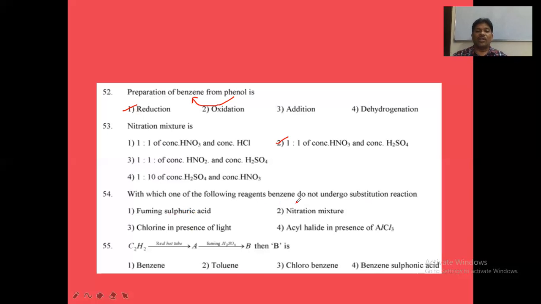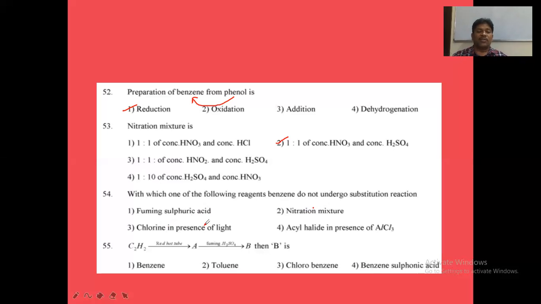They are asking in which case substitution does not take place. So fuming sulfuric acid undergoes substitution, SO3H+ will be substituted. And in the nitration mixture, the NO2+ electrophile will be substituted in benzene. Substitution reaction is going on here also.